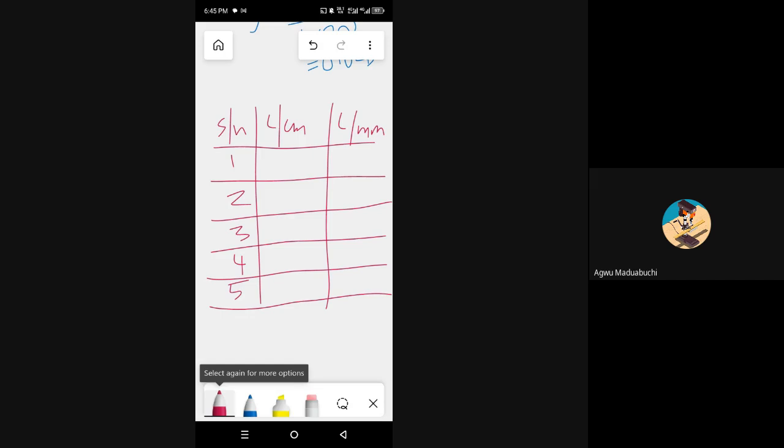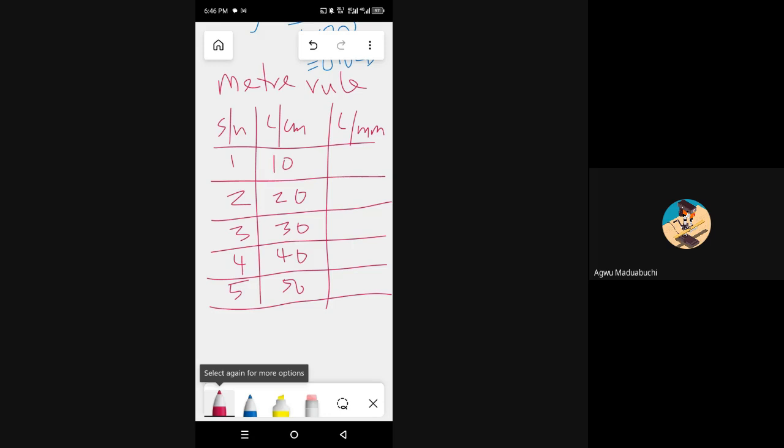Can you see my whiteboard? Yes, sir. Now, I am using a meter rule to take the length of a rope for a simple pendulum. If they ask me to record my readings in cm, I will have 10, 20, 30, 40, 50. Are you with me?